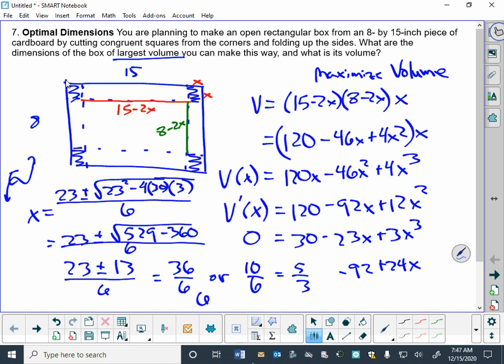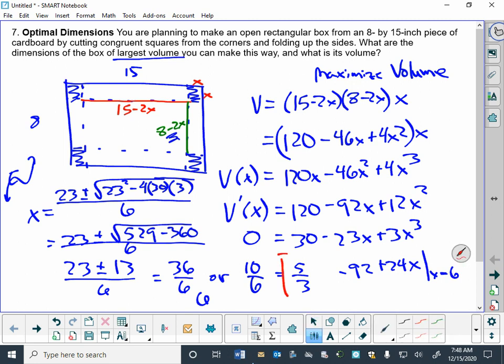If I put a 6 in for the x here, I'm going to get a positive number, which means it was concave up. So the 6 is definitely going to be a minimum. And I see some issues with the 6 anyway, because if I tried to put it in here, I would get a negative dimension on that box, which doesn't make any sense.